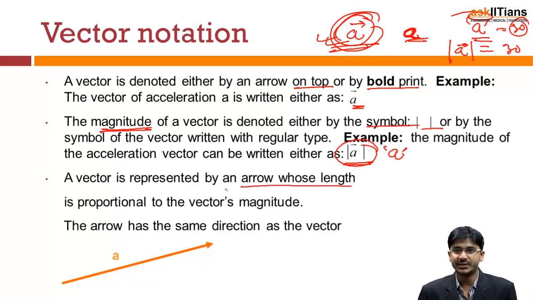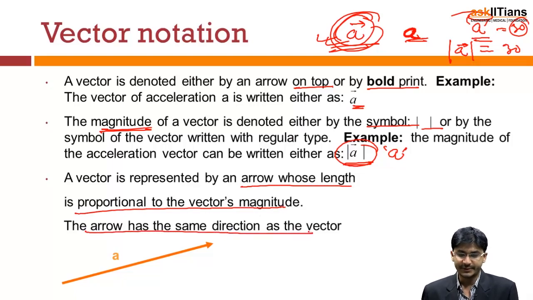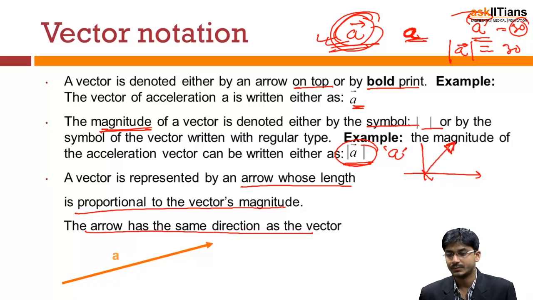Now how do we represent it on a graph, like on the xy axis? The vector is represented by an arrow whose length is proportional to the vector's magnitude, and the arrow has the same direction as the vector. Suppose it is moving along this direction, and its length has to denote 10 meters. Now we know that this is not possible on graph paper.